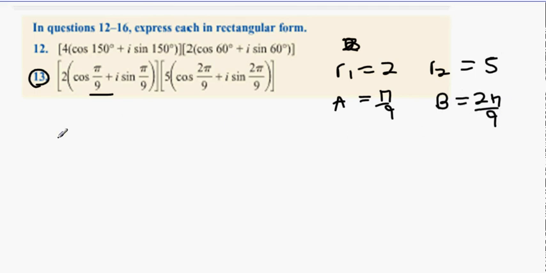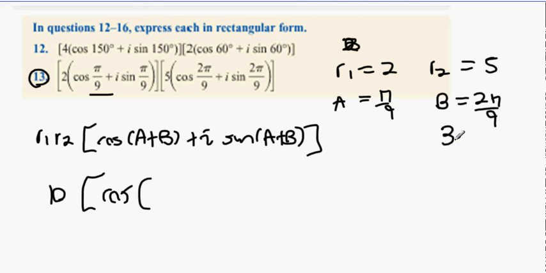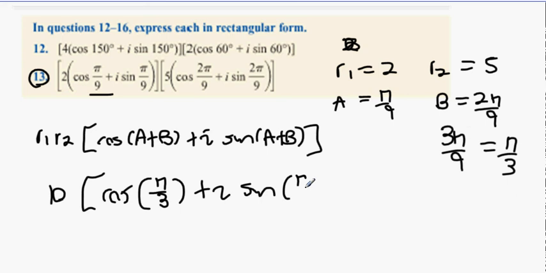Then I'm going to use the formula R1 R2, cos A plus B because it's multiply, plus i sine A plus B. So what we're going to get is 10, because 2 multiplied by 5 is 10. Then we're going to get cos pi over 9 plus 2 pi over 9 is going to give you 3 pi over 9, which is the same thing as pi over 3. Plus i sine pi over 3.